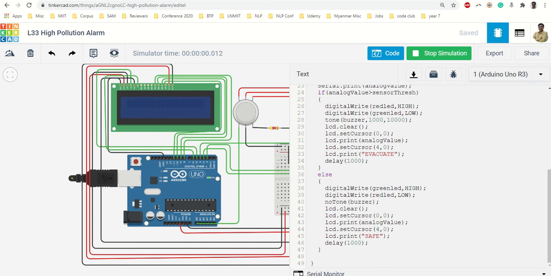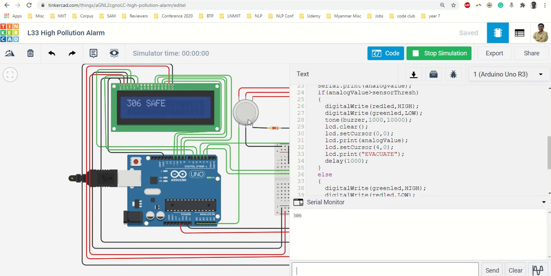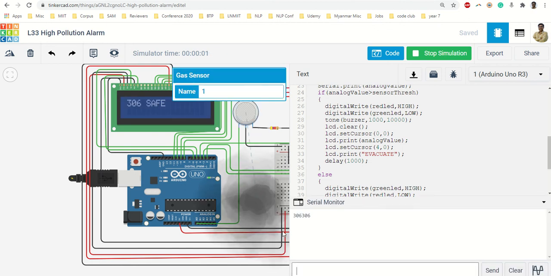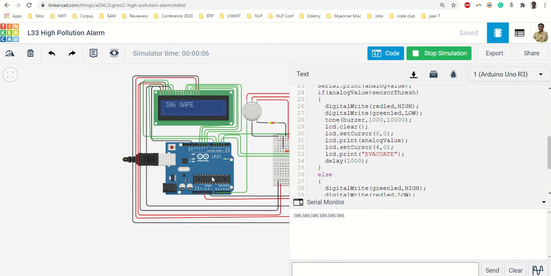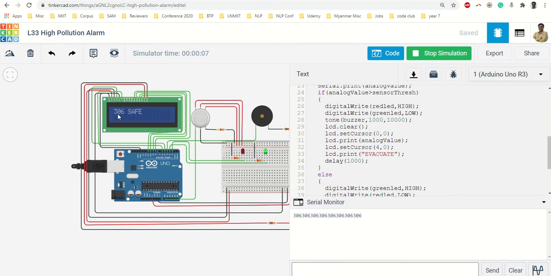On the serial monitor, you will see the values are being printed after every 1 second because we have given a delay of 1 second. And here also you will find that we are printing the level is 306, you are safe.